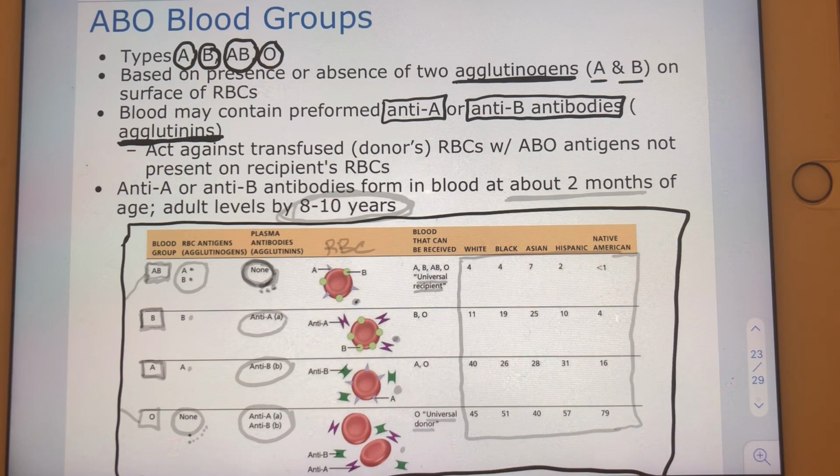circumstances, okay? So here we're looking at red blood cells, and obviously just some ABO of the name tags that those red blood cells may wear.